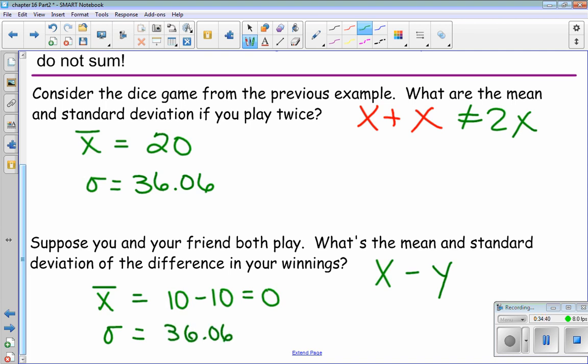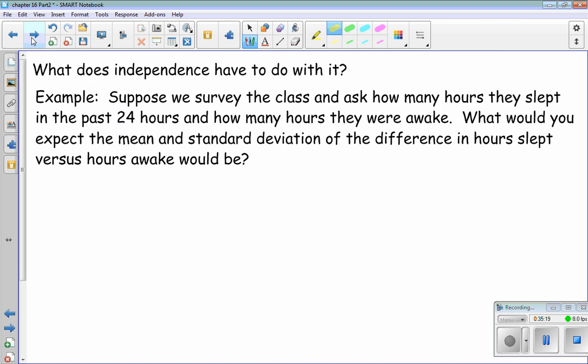Why? Because you always add them. Never subtract them. By the way, I am going to be requiring you to show me this. Define it and write it in terms of X and Y. Even though we have defined our random variable as the difference in our winnings, we are still adding the standard deviations. Yes? Okay. All right, let's keep going here.